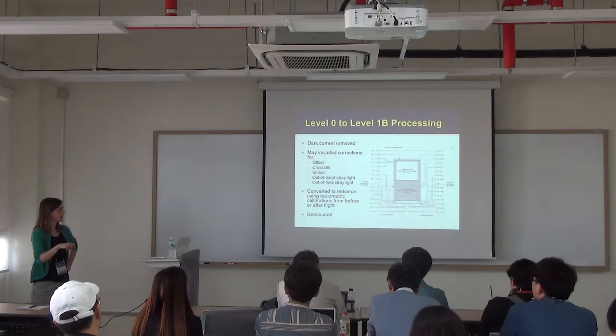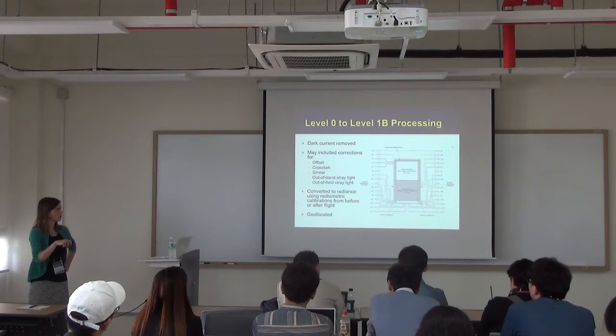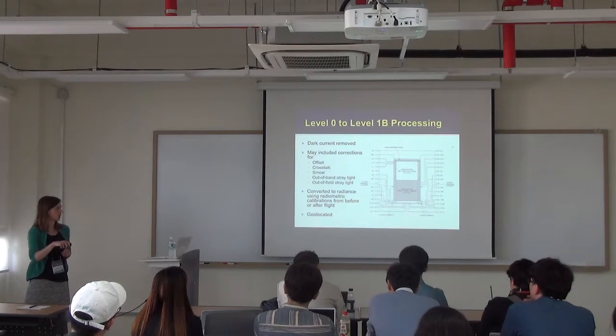Out of field stray light, where you have maybe the right wavelength, but it's not ending up on the right pixel. And then this data is converted to absolute radiance using a radiometric calibration that they sometimes take before, sometimes after the flight, and is geolocated.